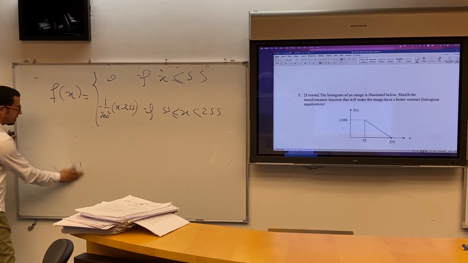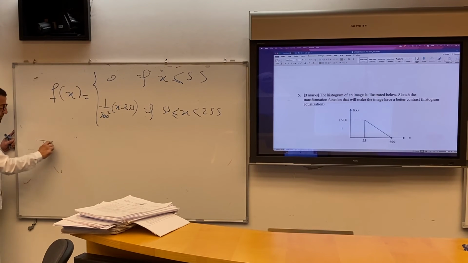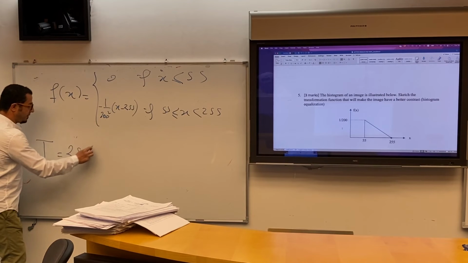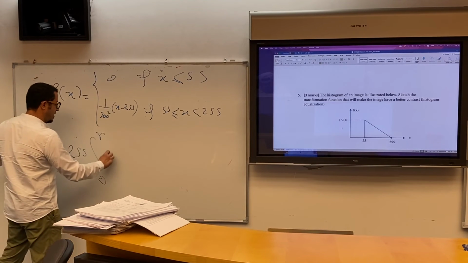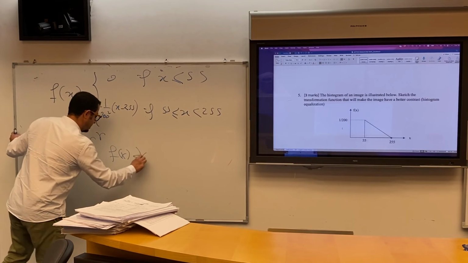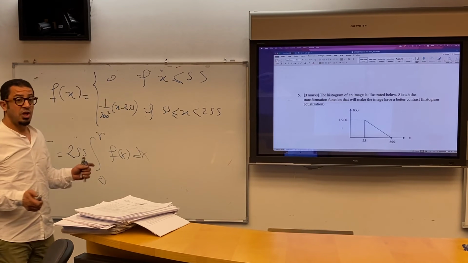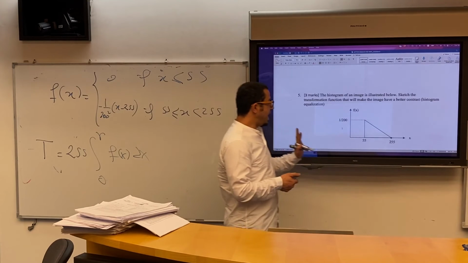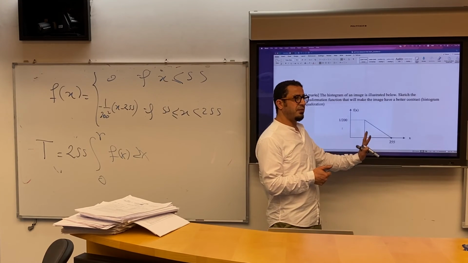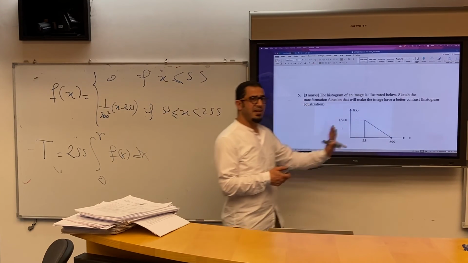What is the formula, please? It's L minus 255, integration from 0 to r of f of x dx, yes? What is the integration? It is the area, right? If you are at 0, until 40, 45, there is no area, until 55.